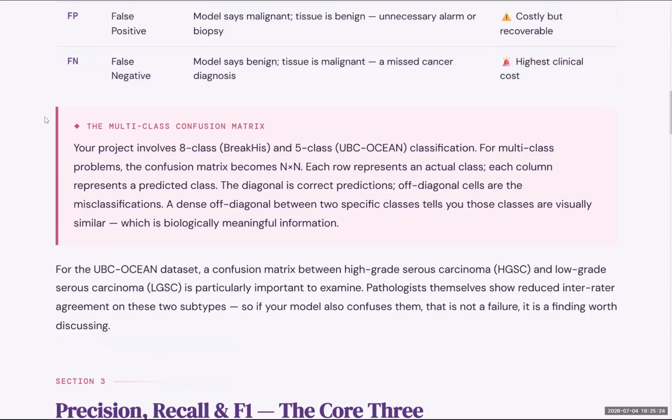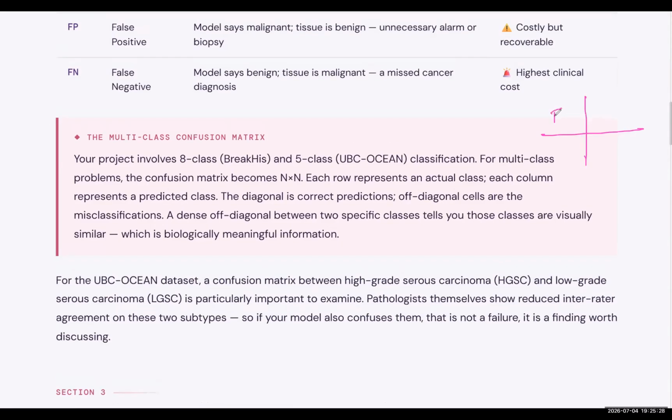Now, I told you that a confusion matrix is a grid like this: true positive, false positive, true negative, false negative. So two columns and two rows, a two by two confusion matrix. But this was for binary classification. What do you mean by binary? Two-class classification. But we don't have two classes.